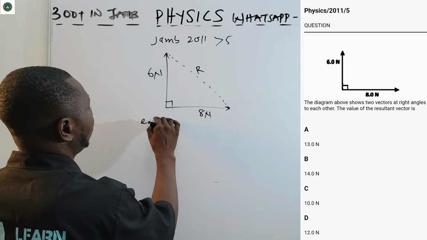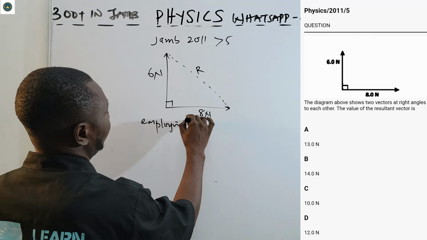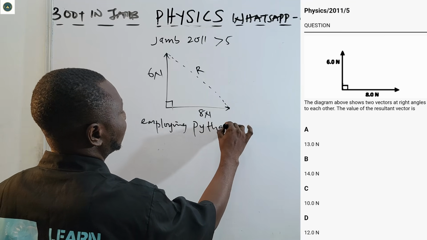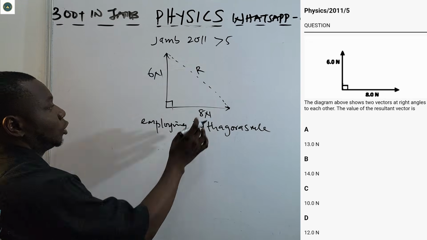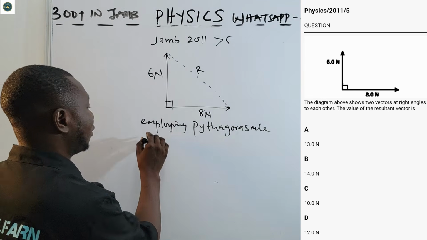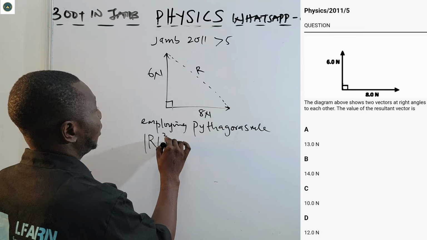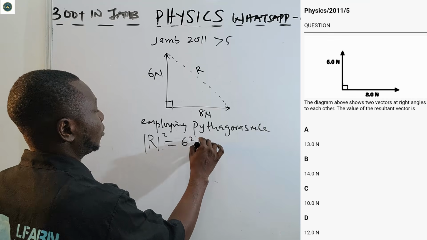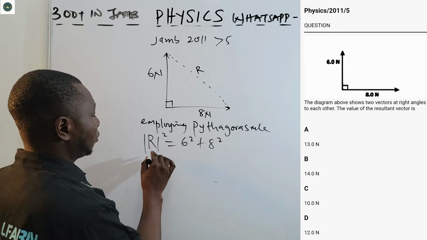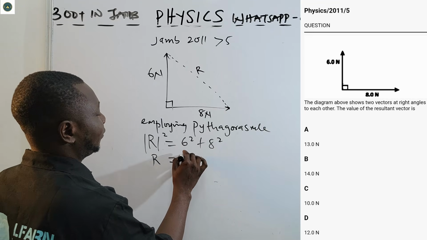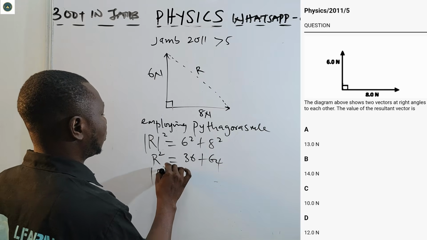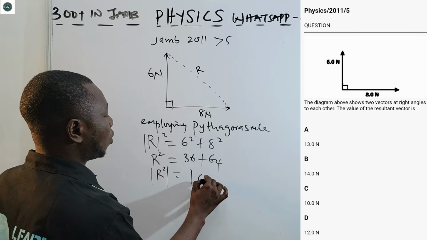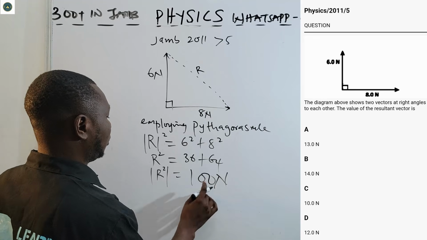Now if that is the resultant, use Pythagoras. So employing Pythagoras rule, because the square of the longest side, you have R squared is equals to 6 squared plus 8 squared. So definitely you have 36 plus 64. So R squared is 100 Newton.